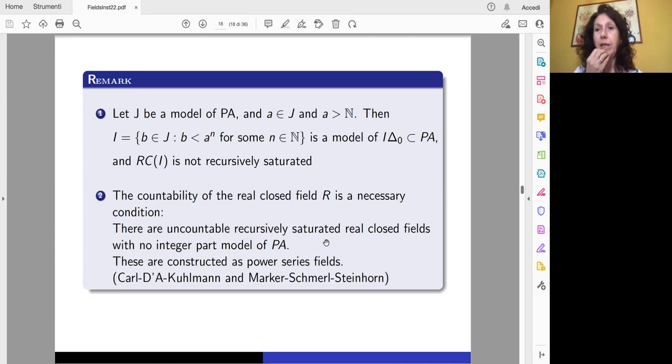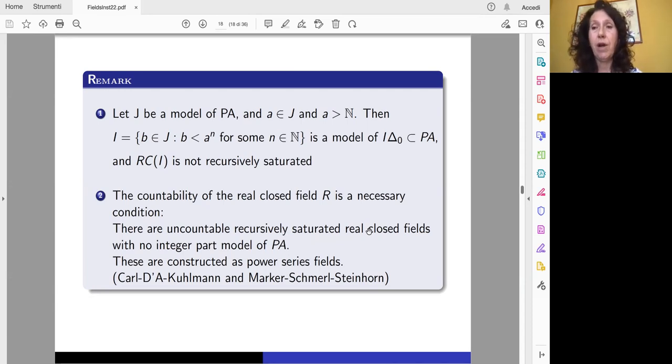In the equivalence that I mentioned before, because there are uncountable recursively saturated real closed fields with no integer parts which are models of Peano arithmetic. And these are constructed as power series fields.